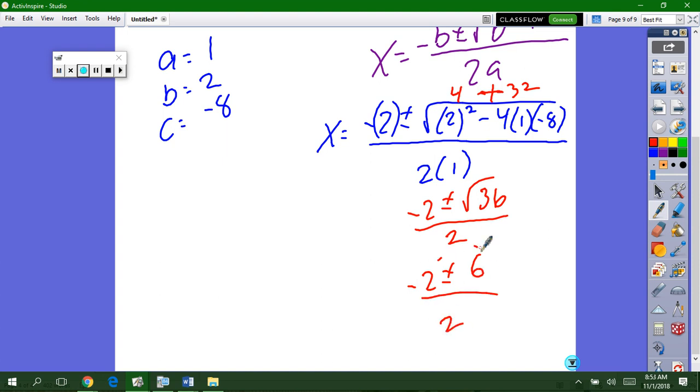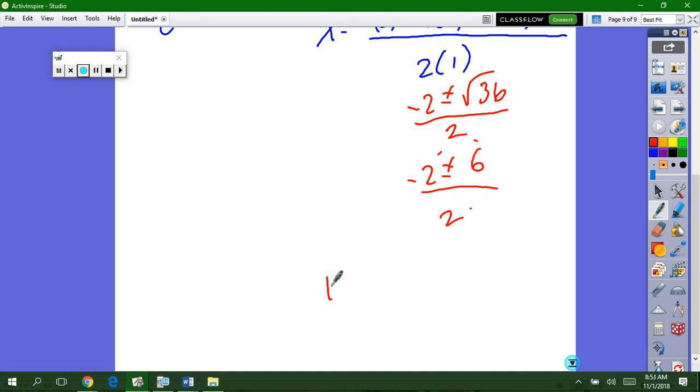What do all those guys have in common? 2. By the way, this is x equals negative 1 plus or minus 3. And then negative 1 plus 3 is 2. Negative 1 minus 3 is negative 4. Oh my gosh, we found the same answers 3 different ways.